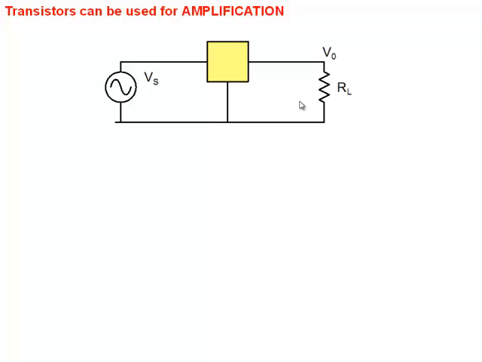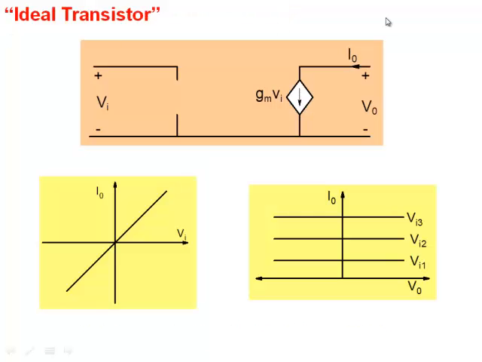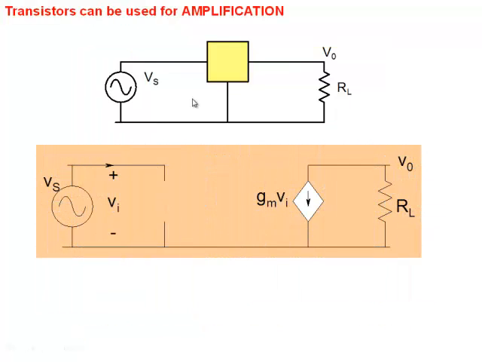Now let me just illustrate quickly that if I have an element like this, I can amplify. Okay? So as I said, I've taken a source here, connected Vs that I want to amplify, and I've connected a load RL. And then we said our ideal transistor looks like this here, voltage control current source here.